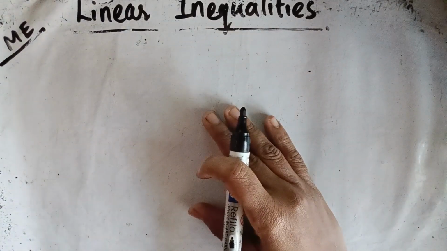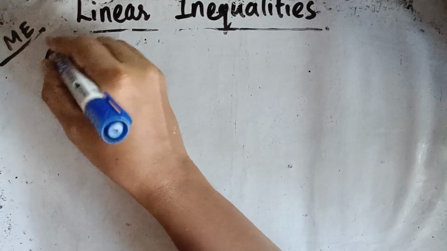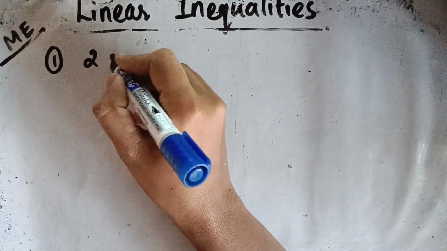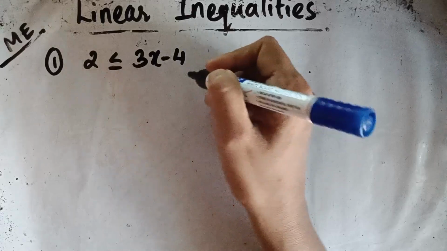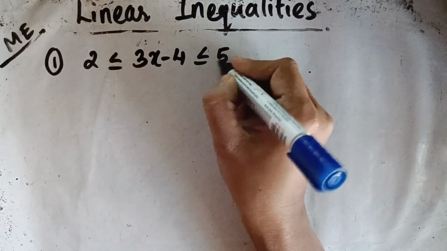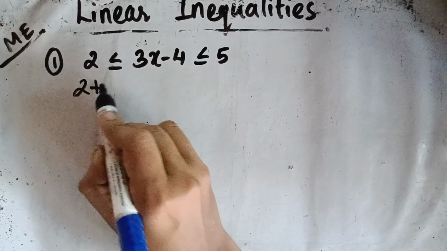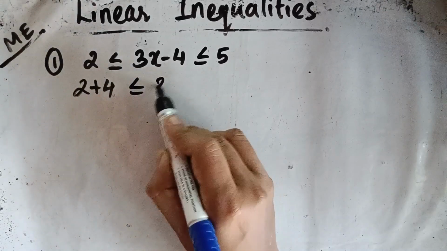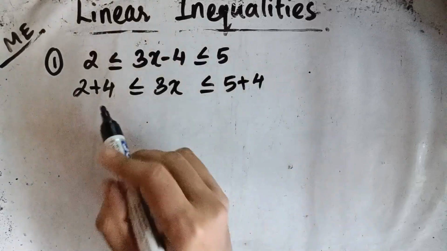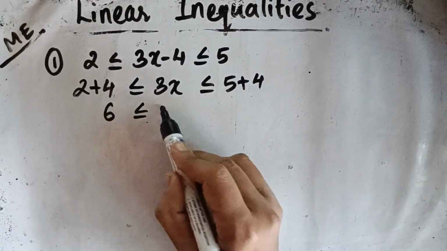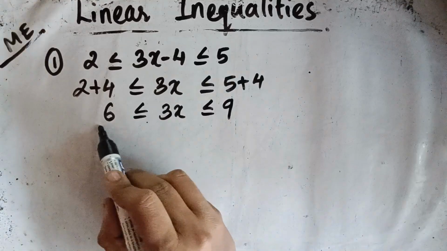First question for miscellaneous exercise. Okay. So adding 4 to all the sides. Divide by 3.